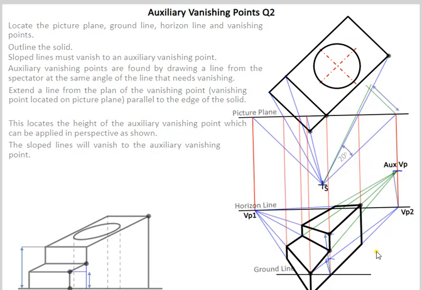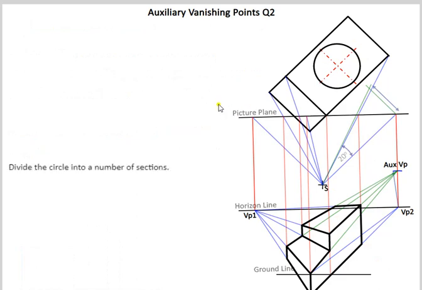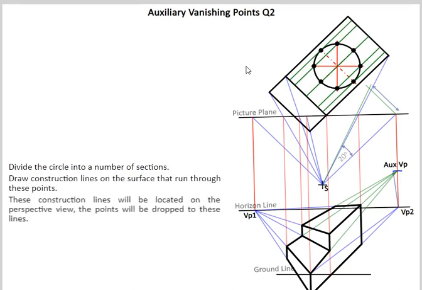Now to draw the circle, probably the easiest method, and also using our auxiliary vanishing points, we take these points here, dividing in this case the circle into 8 segments. We have a point here and here, these 2 external points, and then we have 4 other points on the circle, which is enough to draw in this case. So the first thing we've done here is slice the circle with slices parallel to VP2.